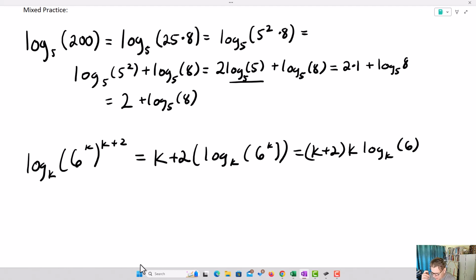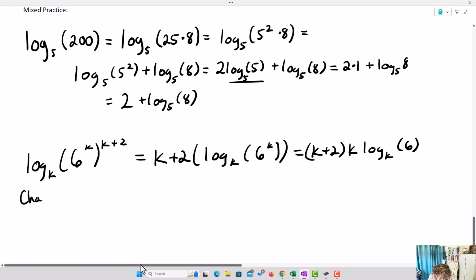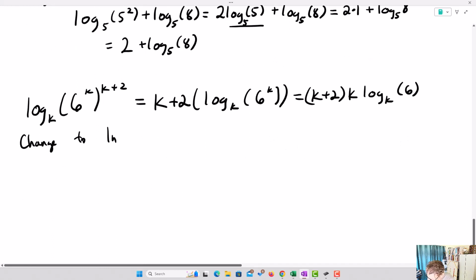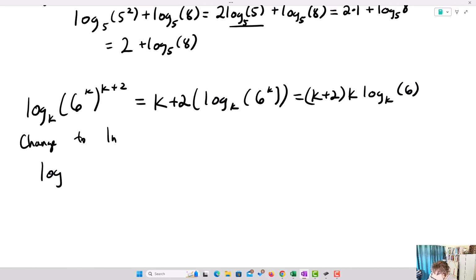Okay? Let's say, for example, we want to change to natural log. And so we'll do a change of base to natural log. Let's say that what we have now is log base 6 of 2e minus 1 to the kth power. This now becomes k times log base 6 of 2e minus 1. And now we'll use a change of base.